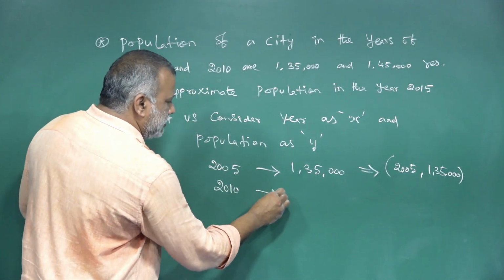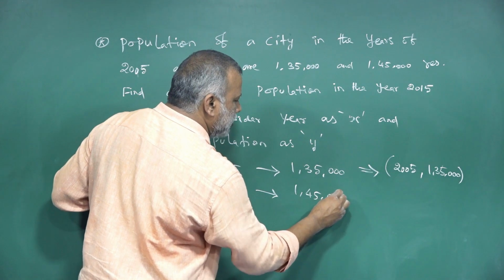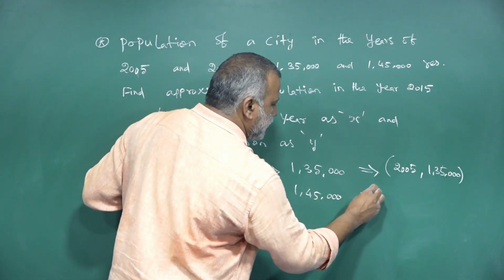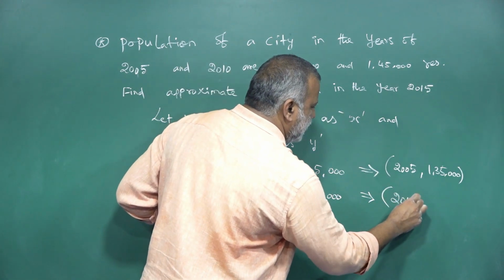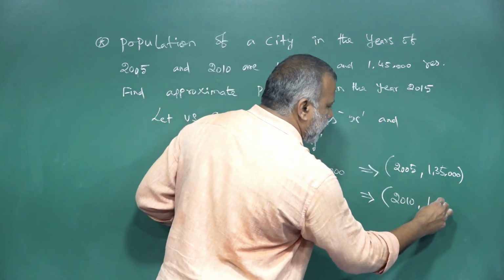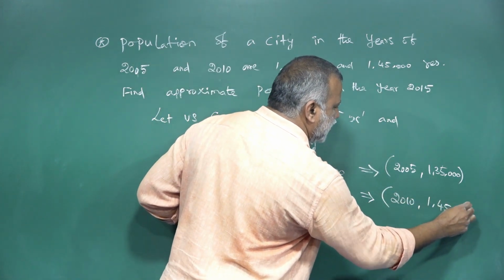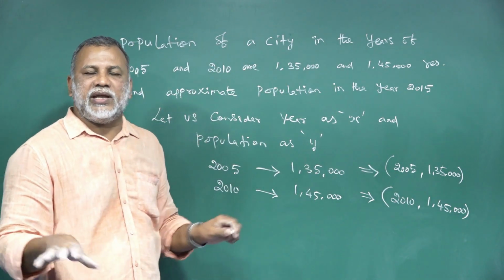In 2010 the population is 1,45,000. That means we have 2010 comma 1,45,000. These are the given data.